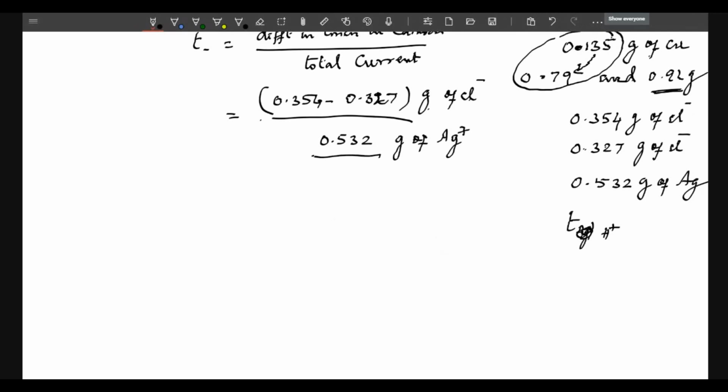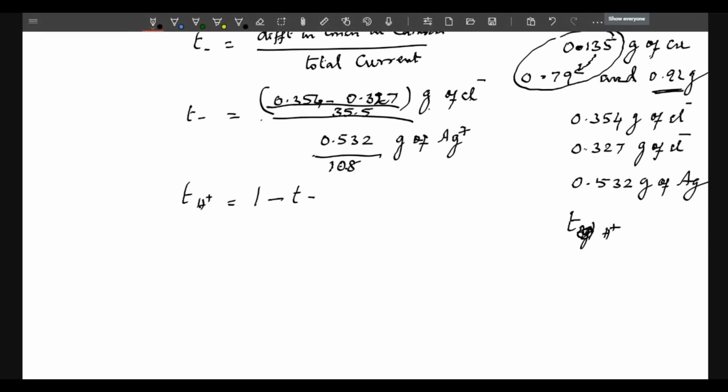Atomic weight divided by the valence is the equivalent weight. 108 is what you have to divide by. And chlorine atomic weight is 35.5. Charge is also 1 minus, therefore equivalent weight is 35.5. Divided by 35.5, you can calculate the T minus. But what is asked? T of H plus is asked. Therefore, subtract the T minus from 1, you will get this one.